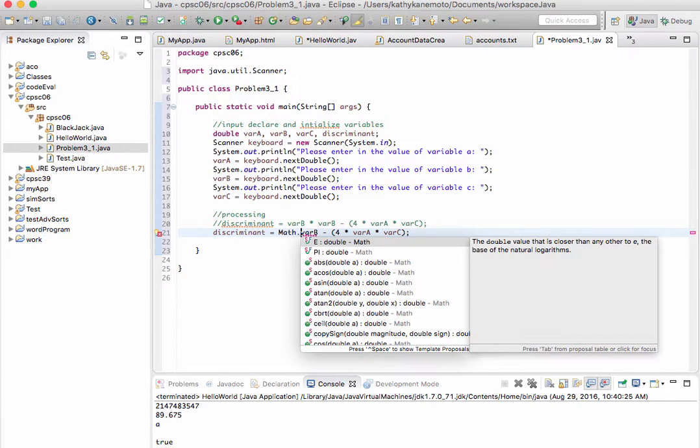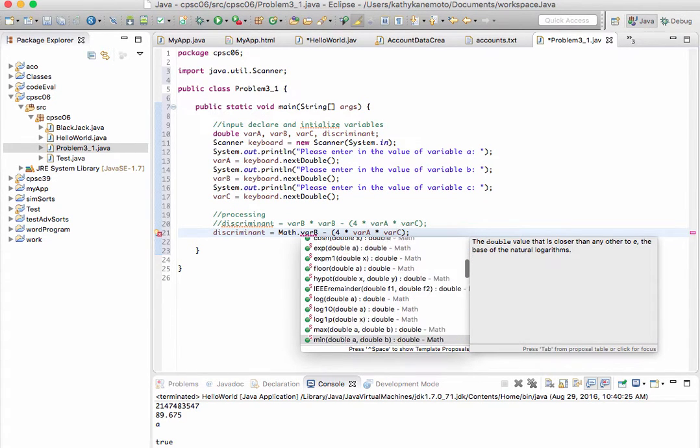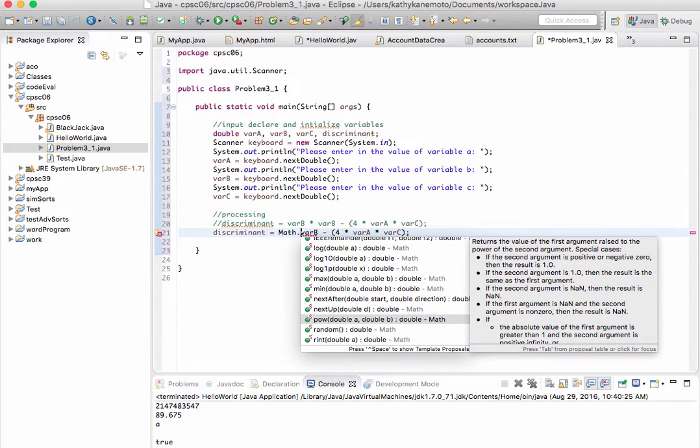If I type the class name Math, notice it's a class name because it has a capital letter, and then put my dot operator, it brings up all of the constant variables and all of the methods I have access to as part of that math library. One of the methods, or functions, in every math library is this POW function, which raises the first parameter, a, to the power of the second parameter, b.